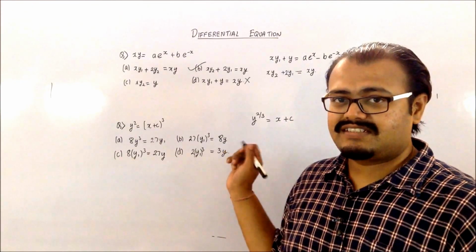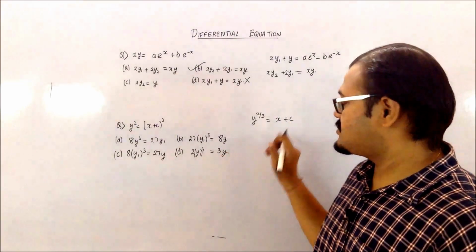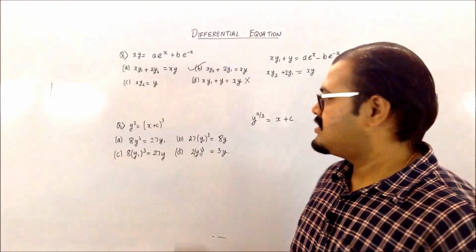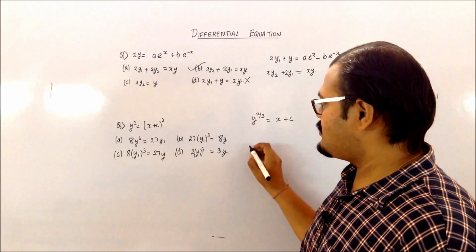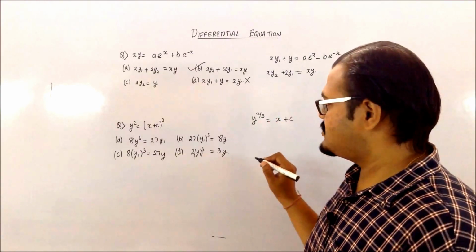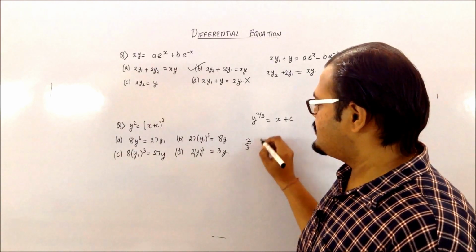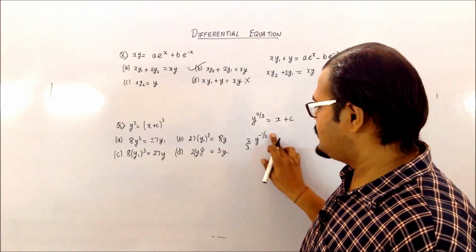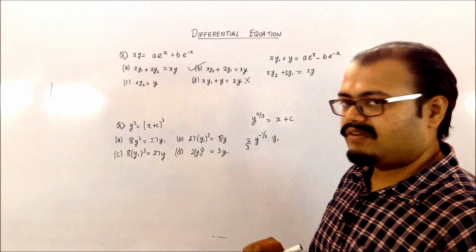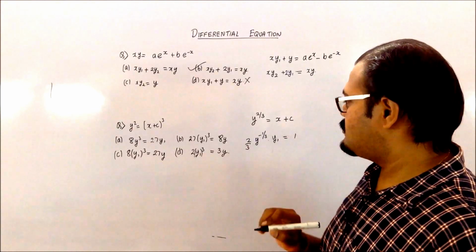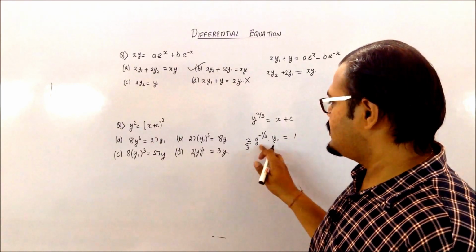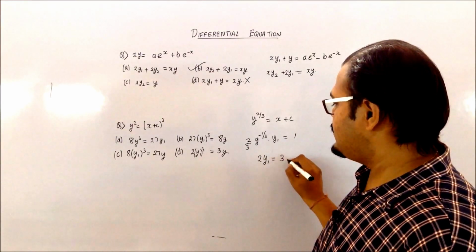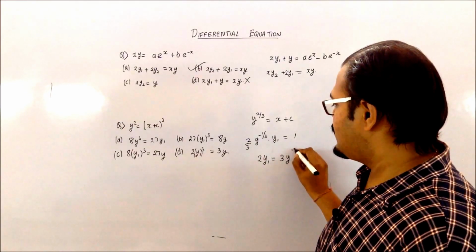Now if you differentiate, your c, because it is a constant term, vanishes. The derivative of y raised to 2 by 3 is 2 by 3 into y raised to minus 1 by 3 into y1, equal to 1. So the 2 will remain with y1, equal to 3 into y raised to 1 by 3.